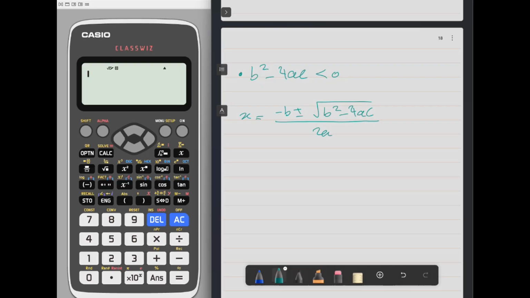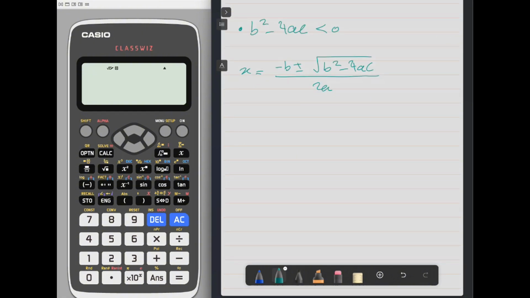You have no values of x for which the graph intersects the x-axis. So the graph will not intersect the x-axis at all. Why? Because x equal to minus b plus or minus root b squared minus 4ac over 2a will have no real answer.